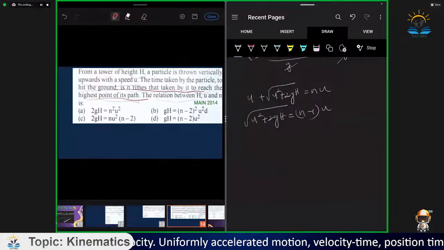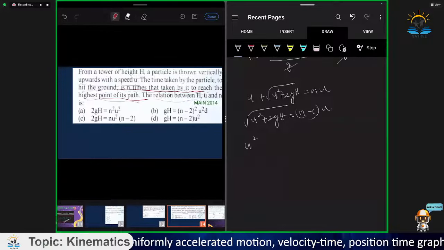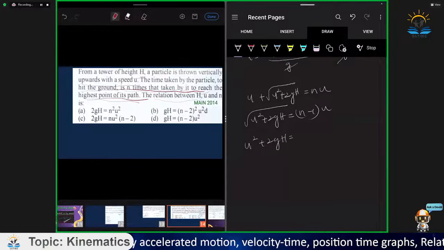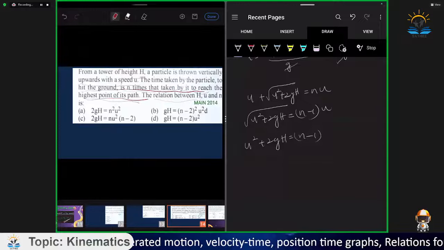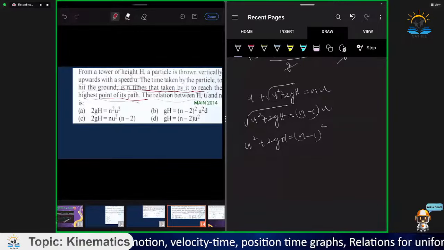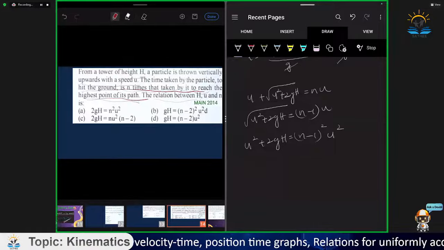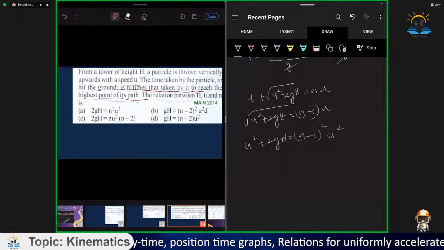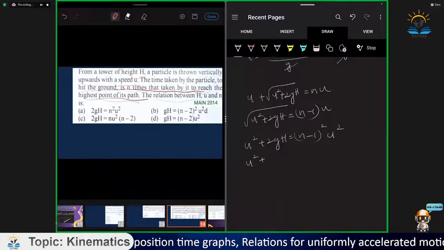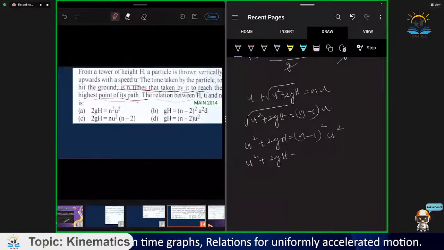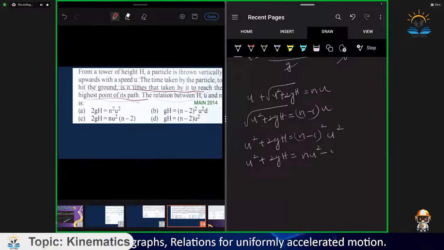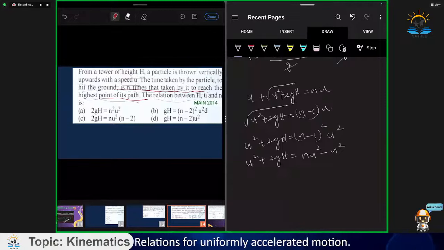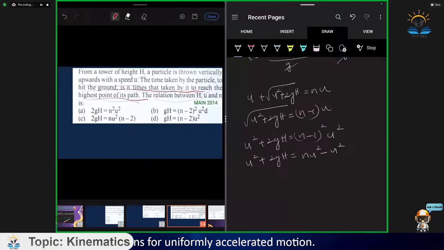So we square both sides: u square plus 2gh equal to n minus 1 whole square into u square. Easy. u square plus 2gh equal to n minus 1 whole square u square.